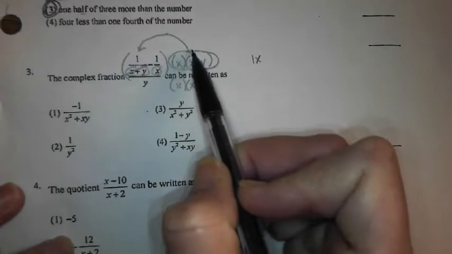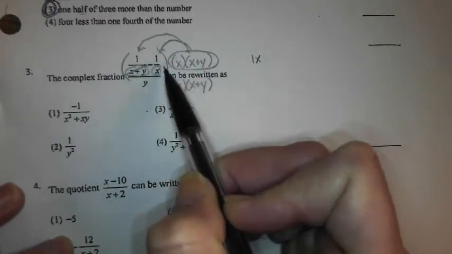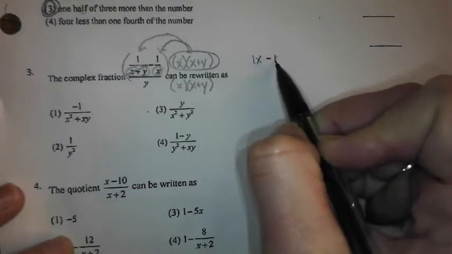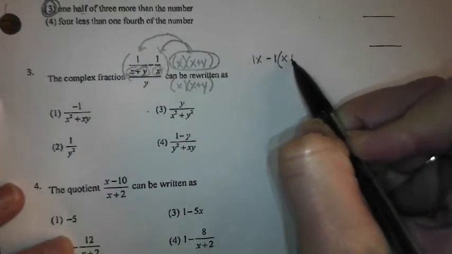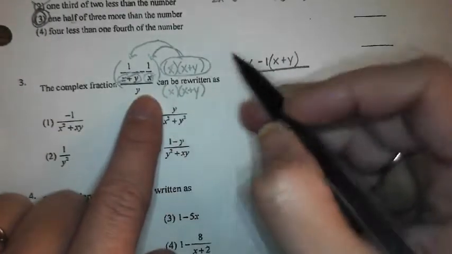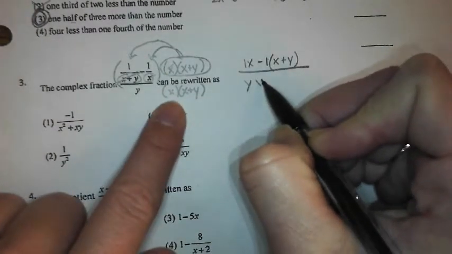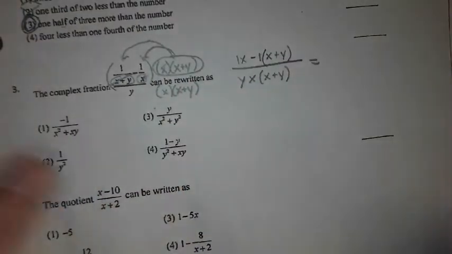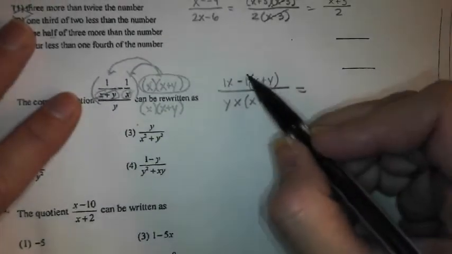When I distribute to the second fraction, the x and the x cancel, leaving the minus 1, parentheses, x plus y, in that binomial. Our denominator has a y, an x, and an x plus y binomial. So we then simplify that numerator, so that requires distributing.